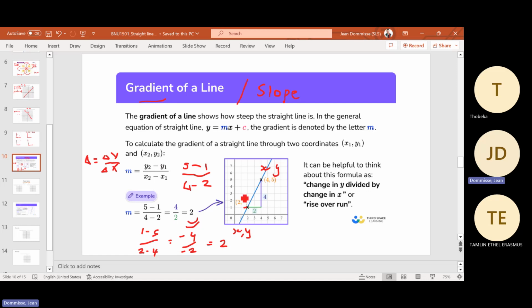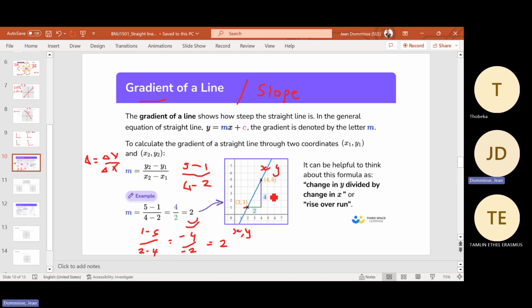If I take y here as my first number, I must take y on the other side as well, or the x as my first number. So always remember, it doesn't matter which point you start with, as long as you keep it consistent. If this is my first point, that is what I use when I use it for the one on top and for the one below.